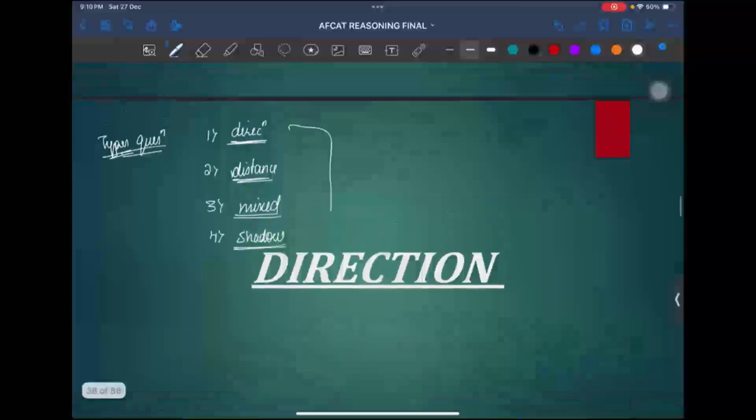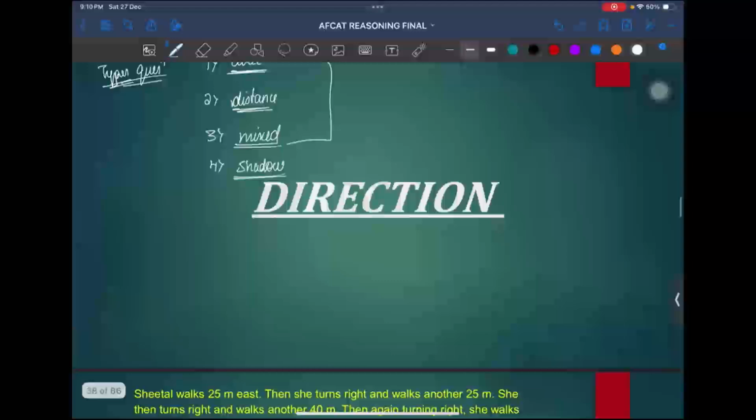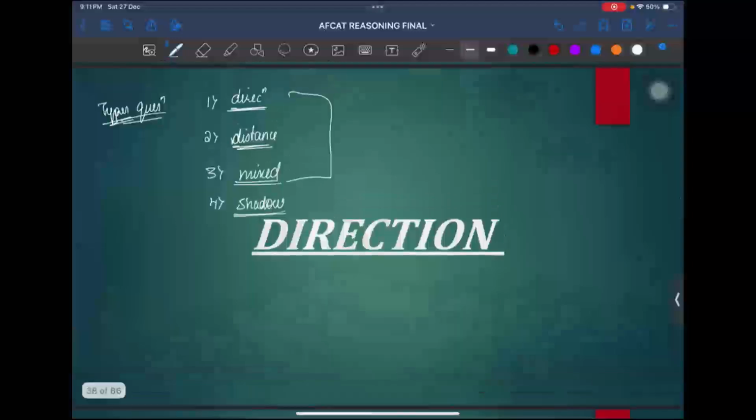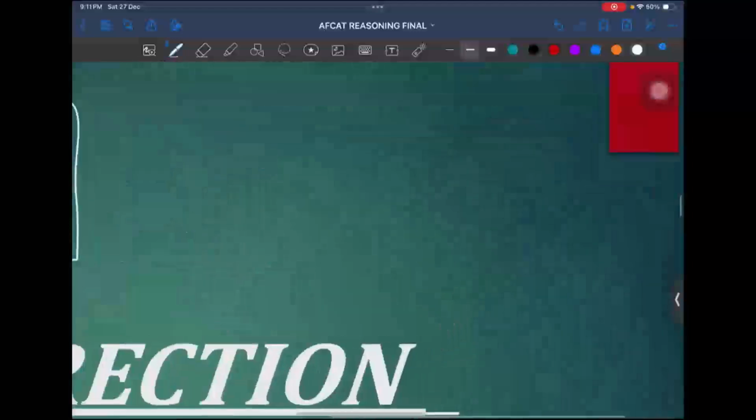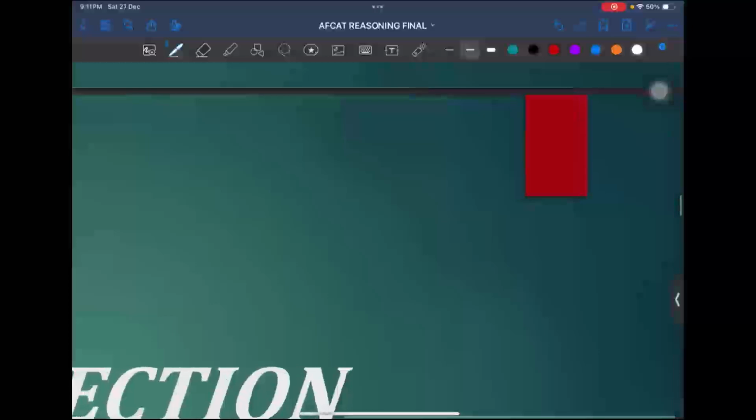And for all this, you just need to know the direction of different points. If you're comfortable with the directions, there is no need to draw this figure in your exam paper, or else try to do this. North will be this, south, east, and west.